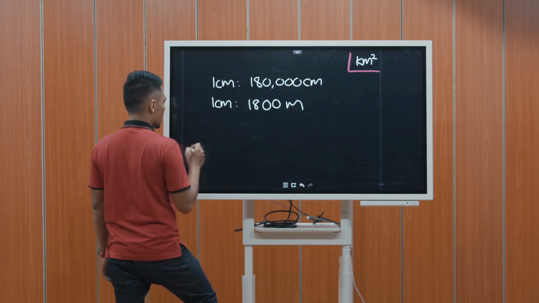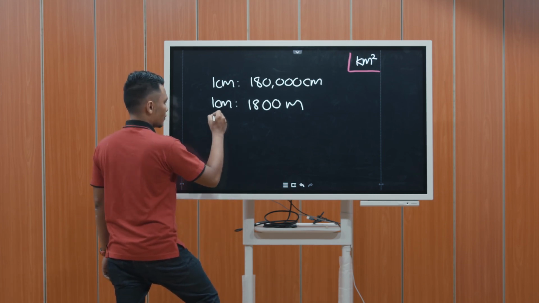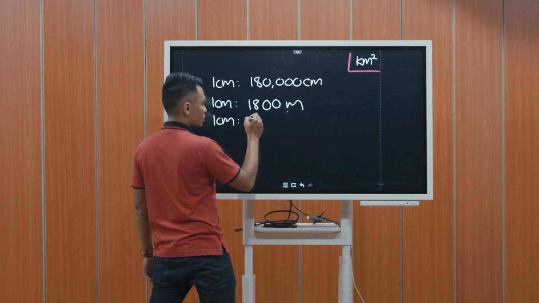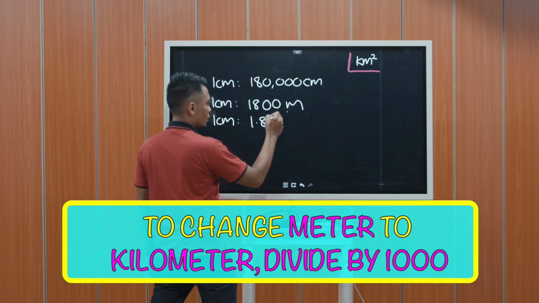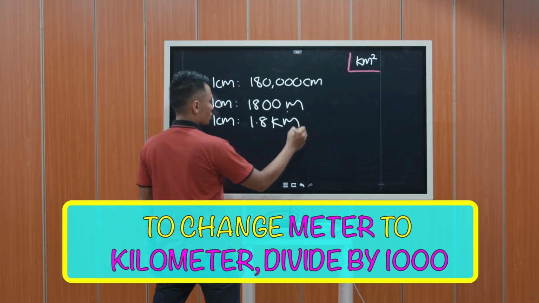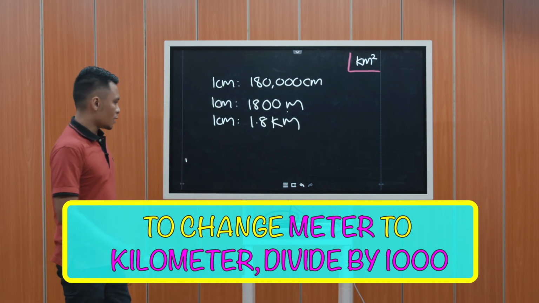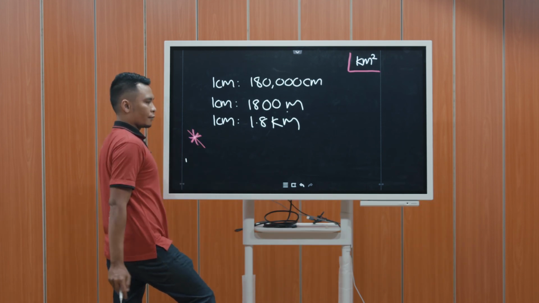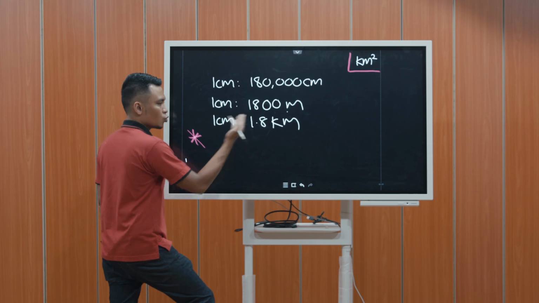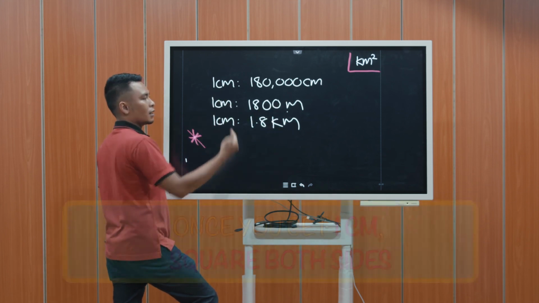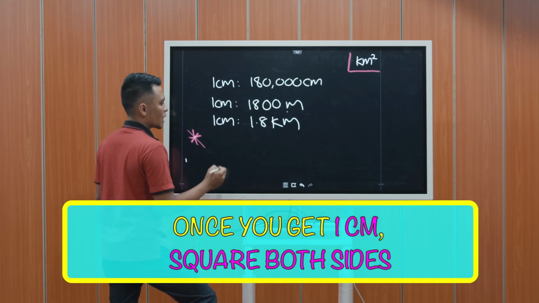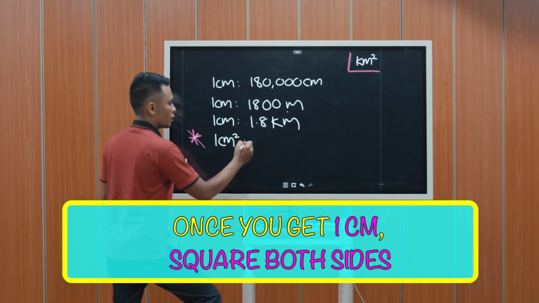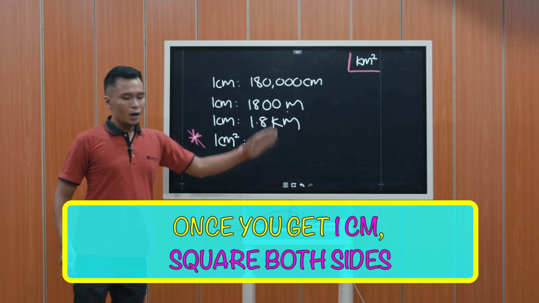If I convert this in kilometers, I will get 1 centimeter is to, I divide by 1000, right? So it will be 1.8 kilometers. Okay? Here comes the crucial step. Crucial step is to square both sides, like how we did just now.